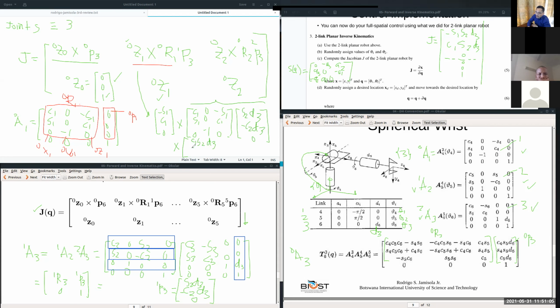So this is S1 S2 D3. The last row, 0 times this one becomes positive C2 D3. So C2 D3. Okay, then that's it.